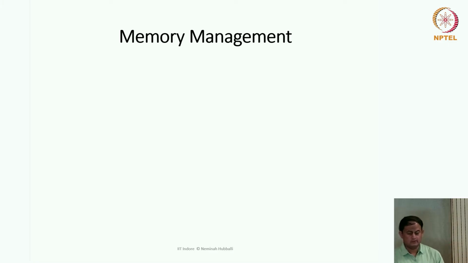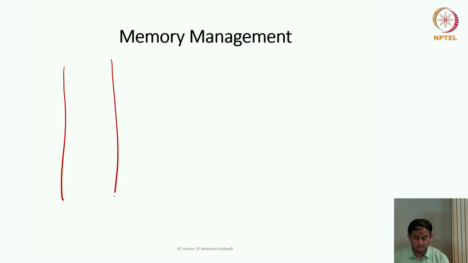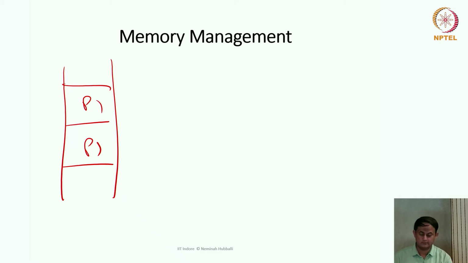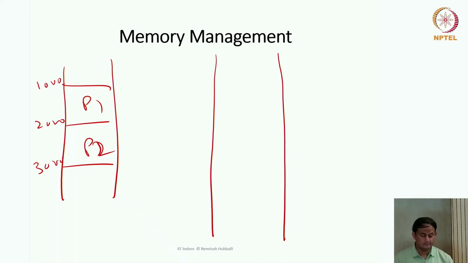Sometimes what can happen is, although I said the memory is allocated to the process, the address space to the process, different processes P1 and P2 in the previous example are organized sequentially. So we require maybe 1000 to 2000 for the process P1 and 2000 to 3000 for process P2. But this is how the individual processes see their address spaces. But in reality, the memory chunk allocated to both process P1 and P2 may not be contiguous.